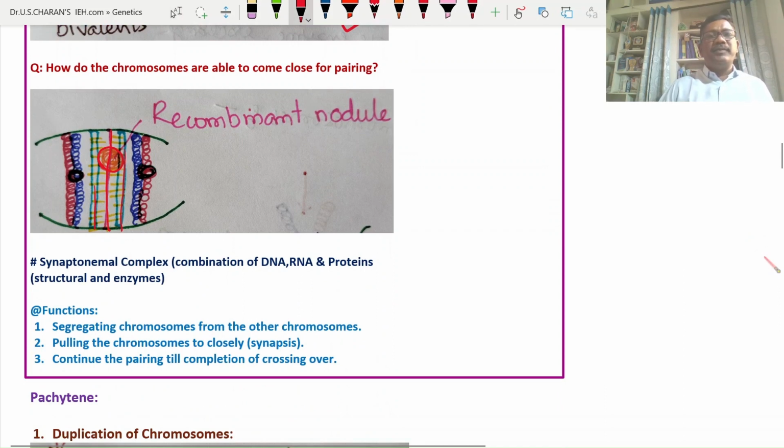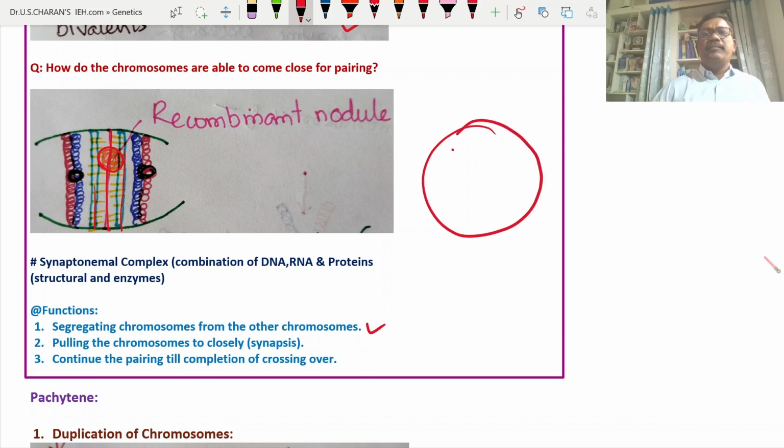This synaptonemal complex is mainly used for segregating chromosomes from the other chromosomes. In the nucleus, many chromosomes are present. Each homologous pair of chromosomes contains its own synaptonemal complex.